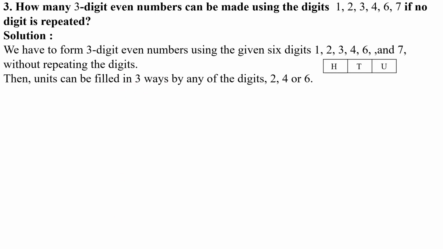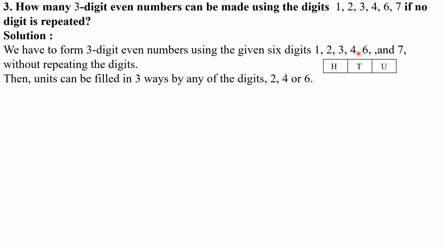Okay, my children, right. So this is over. We have filled the units place. Then how many empty boxes are there? Yes, 2 empty boxes to be filled, that is tens place and hundreds place. Here no digit is repeated, so one digit is already used in the units place. Then how many digits will be left in our hand?